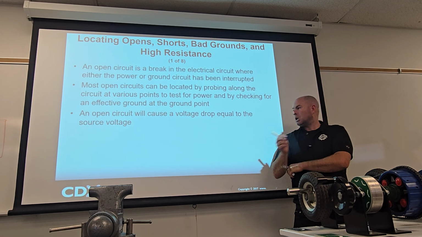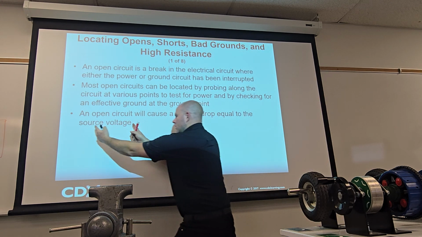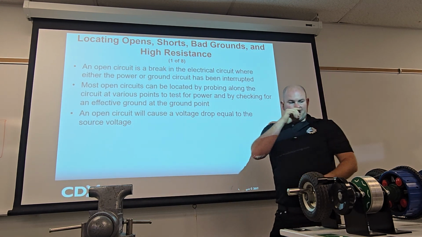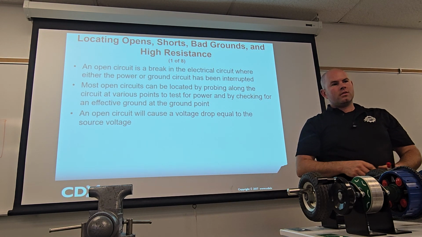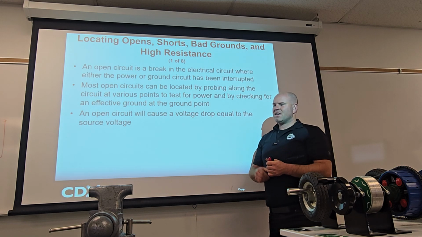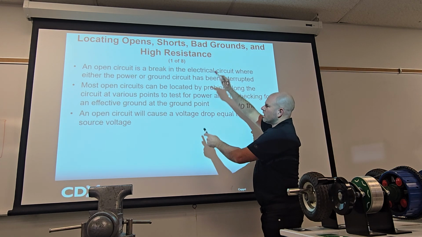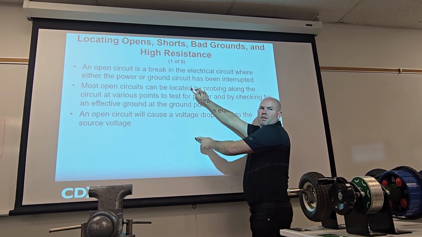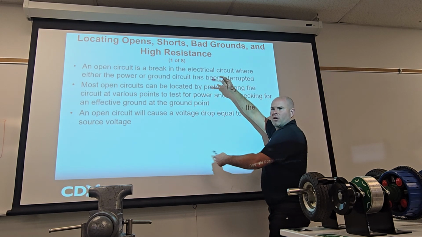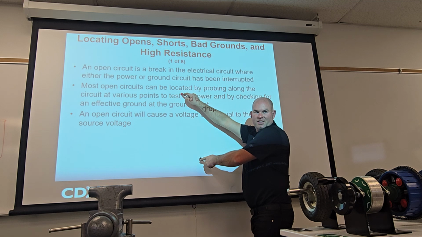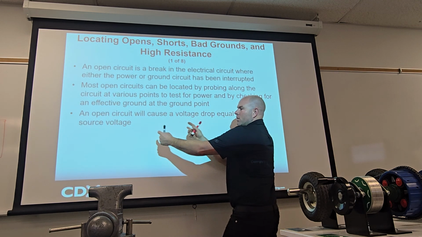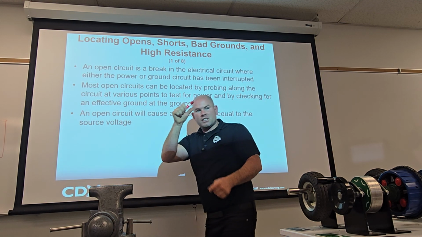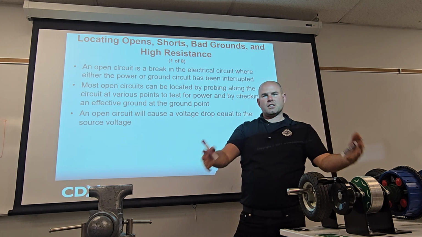What's the difference? I'll give you a clue. The resistance won't have a voltage. I'm thinking like this: if I measured a component and it went from 12 volts to 6 volts, is that an open? No, that's resistance. Exactly. If it went from 12 volts to 0 volts, it dropped the source voltage. So when something drops all the voltage, that's an open.